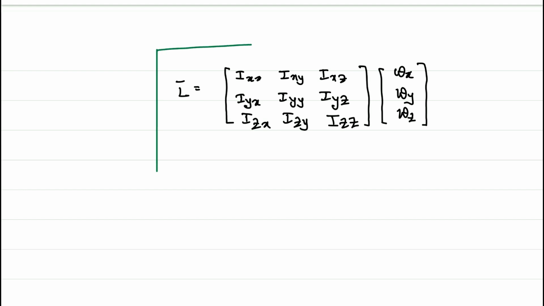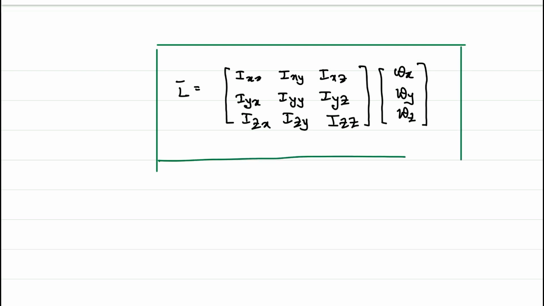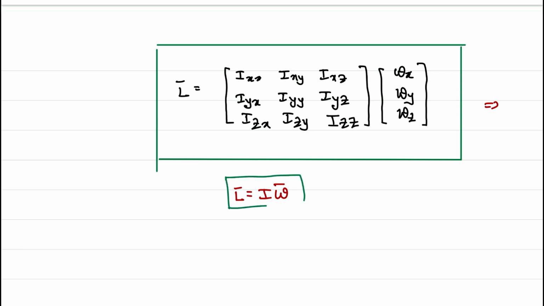In the questions, it will be tricky, they will not be as straight as this. It is from this L is equal to I omega. Questions will be tricky. What they do is they will say that the tensor is given to you.